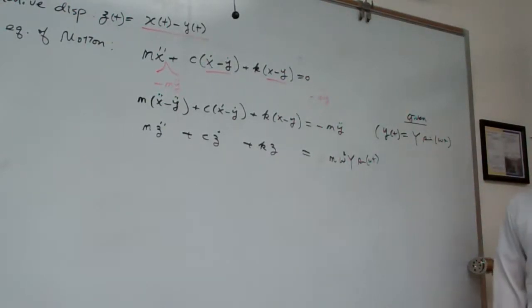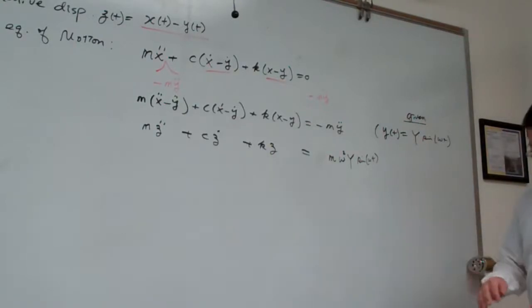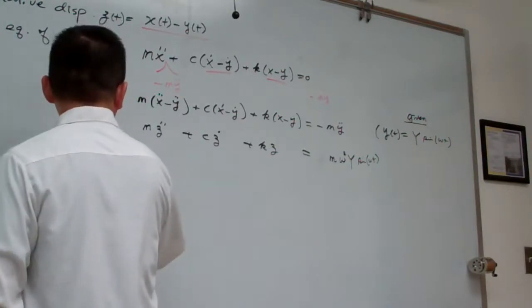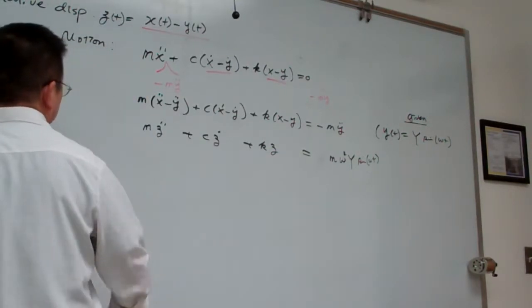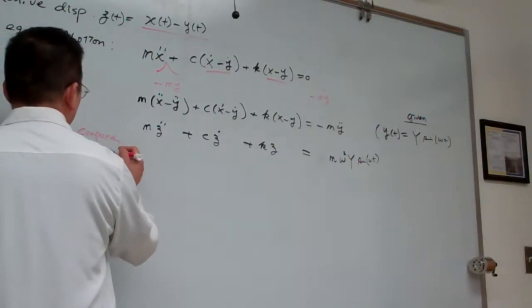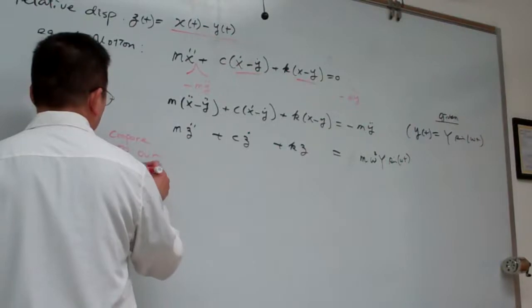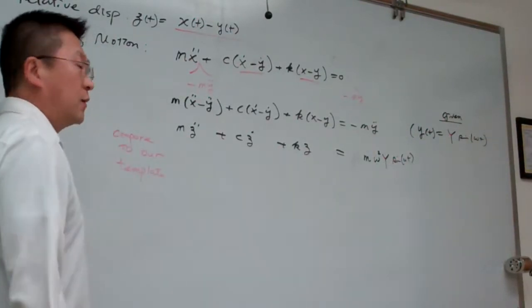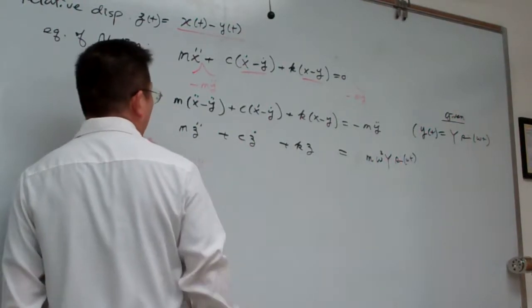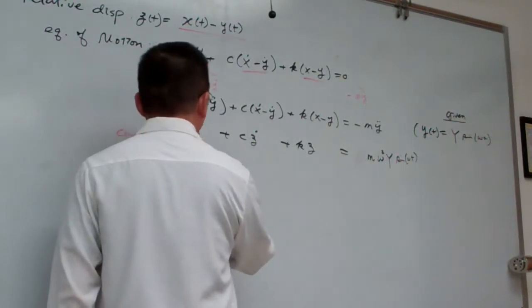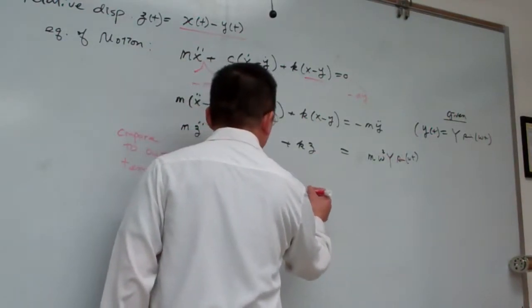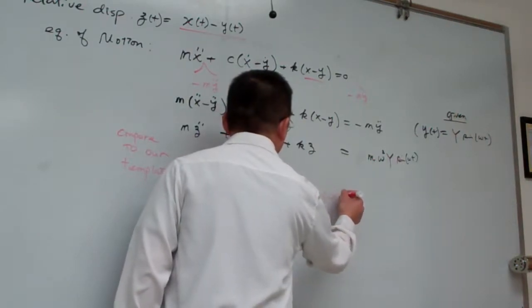From here, we can compare this to our template. Let me write the template: m x double dot plus c x dot plus k x equals F naught sine omega t.